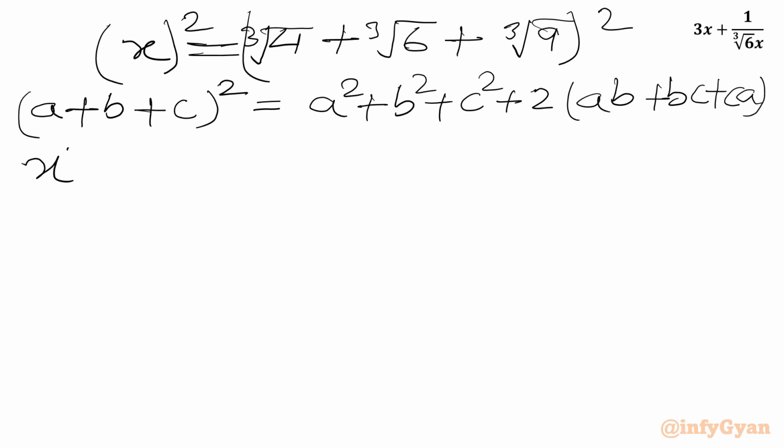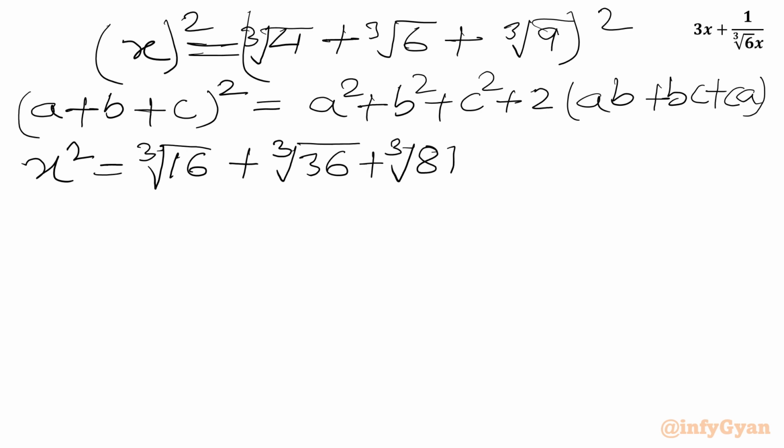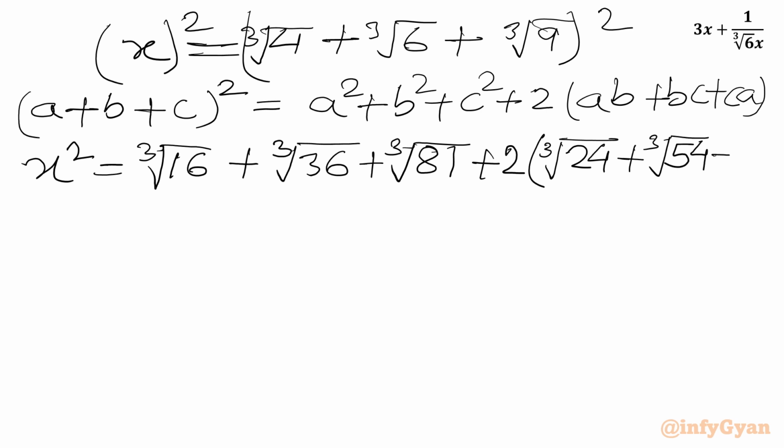So x square will be cube root 4 whole square, I will write cube root 16, 4 square is 16. Cube root 6 whole square, cube root 36. Cube root 9 whole square, cube root 81, plus 2 times cube root 4 times cube root 6, cube root 4 times 6, 24, plus cube root 6 times cube root 9, cube root 54, plus cube root 9 times cube root 4, cube root 36.